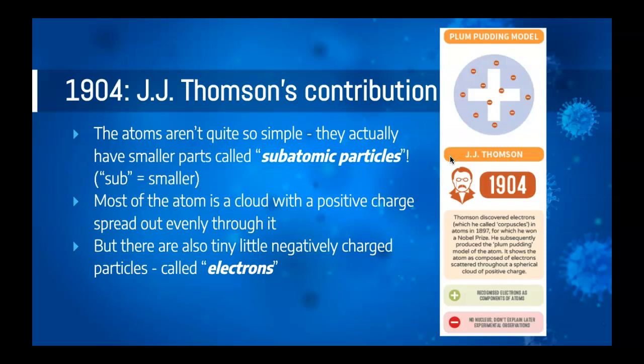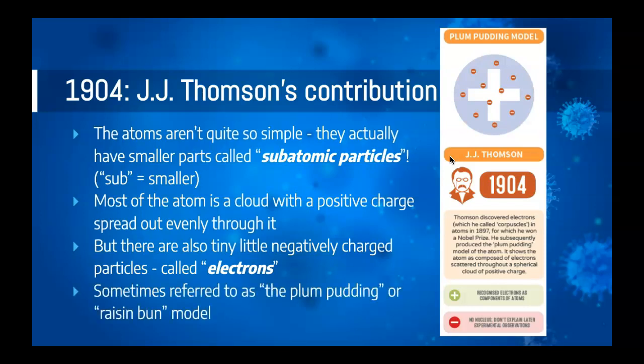At that time, he called them corpuscles, but we now call them electrons. So this was the first time somebody had come up with the idea that there might be something actually smaller than the atom, so subatomic. Now, the model that he proposed is what's now called the plum pudding or raisin bun model. Kind of depends on where you're from, which one you refer to. It's basically because the model, when you draw it, looks like a raisin bun or plum pudding.